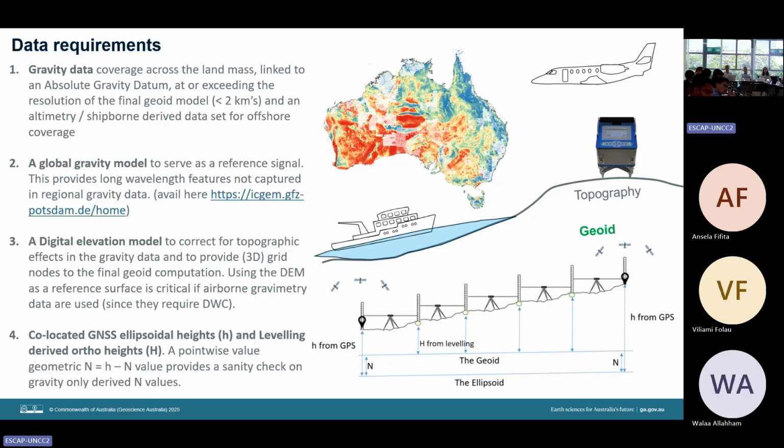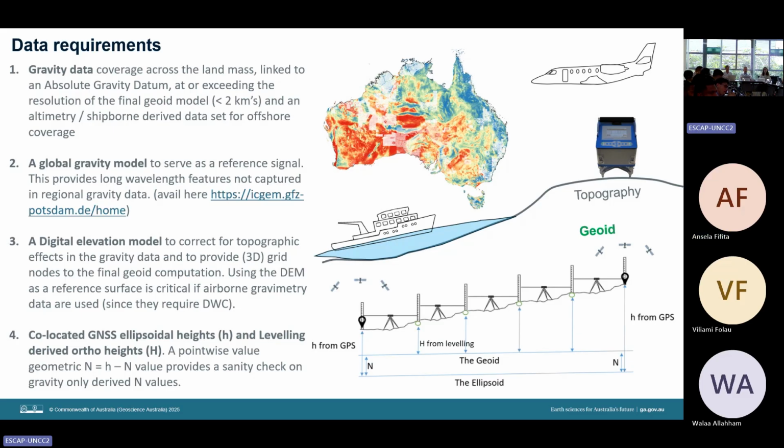We typically only produce a geoid model over a defined area, but formally the model itself needs gravity data to have global coverage. The trick that we play is to do this thing called the remove compute restore process, and we subtract a long wavelength model from our gravity data, compute the high frequency geoid model component, and then add it back at the end. So we sidestep that issue altogether.